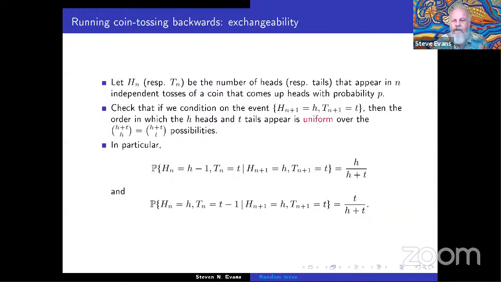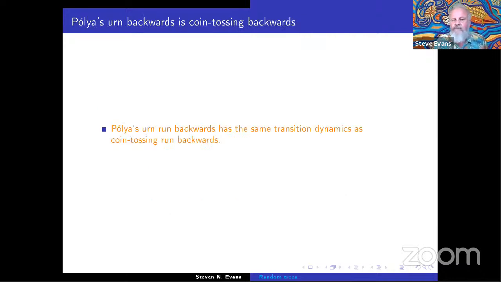And the backward transition probabilities for this chain have exactly the same form. So the take-home message for these two examples, Pólya urn and coin tossing, is that the Pólya urn run backwards in time has the same transition dynamics as coin tossing run backwards in time.